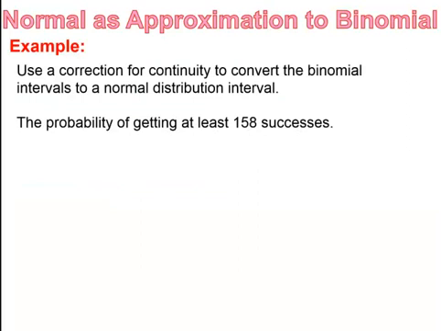So for an example, use the correction for continuity to convert the binomial intervals to a normal distribution interval. So we have the probability of getting at least 158 successes. Well, at least means that we also need to make sure our interval includes it, and that it's going to include it and get larger.